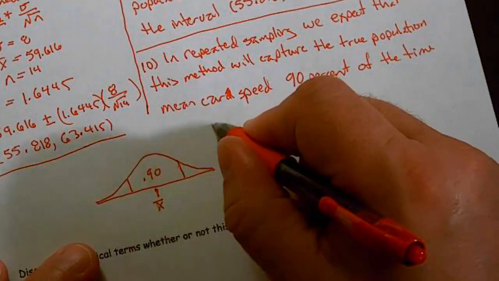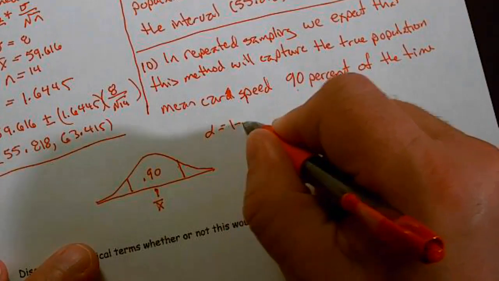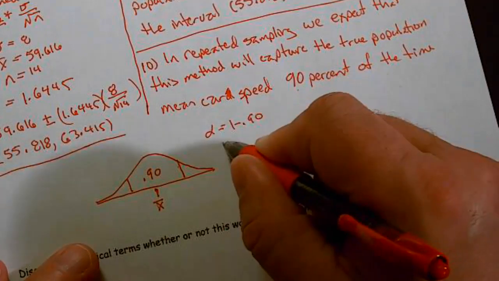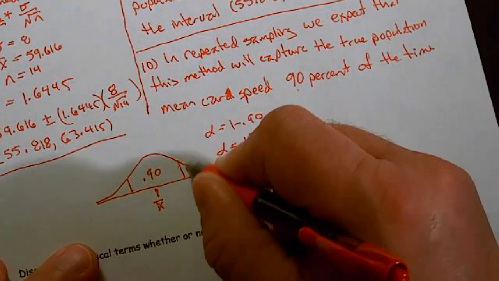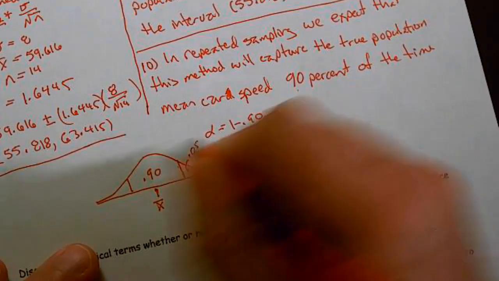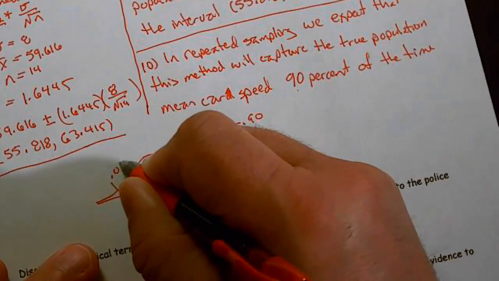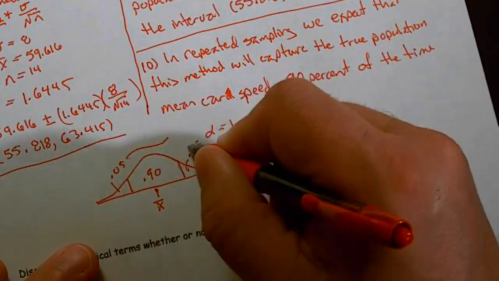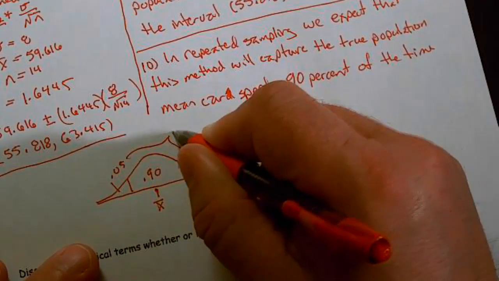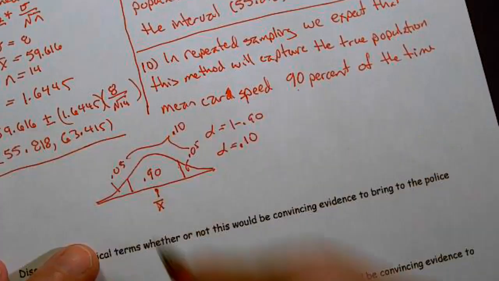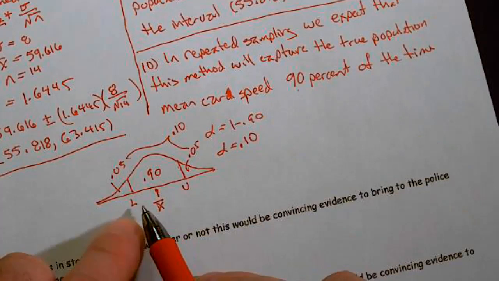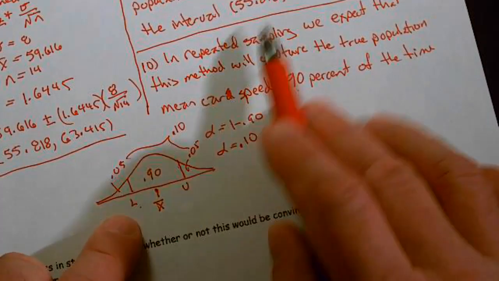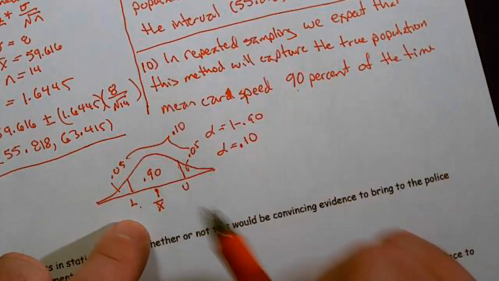We have an alpha, which is 1 minus 0.90, which means our alpha is 0.10, the area in the tails, and we have two tails, so this is 0.05, and this is 0.05, so that together they combine to form the 0.10. And then we have a lower bound and an upper bound. And we are 90% sure that the true population mean is in between those two values.